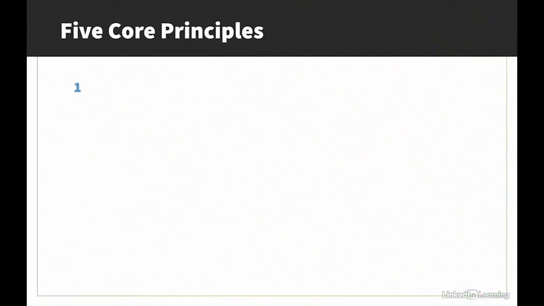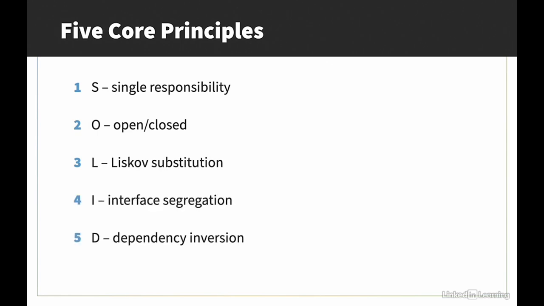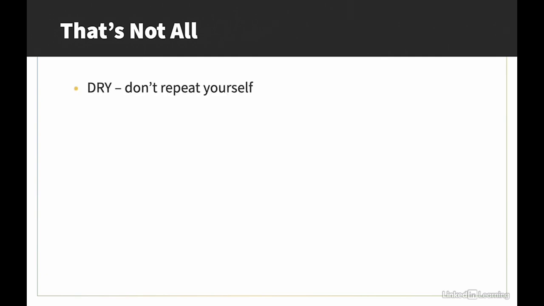Here are the 5 design principles that form a handy acronym: single responsibility, open-closed, Liskov substitution, interface segregation, and dependency inversion. It's important to note these 5 aren't the only OO design principles. I'll touch on some others. The don't repeat yourself principle urges a coder to avoid copying and pasting duplicate code.